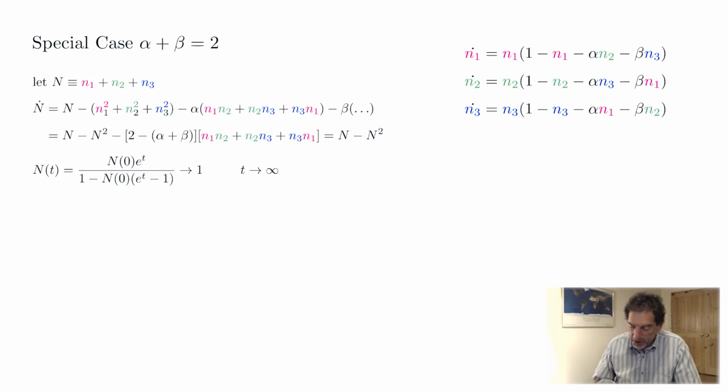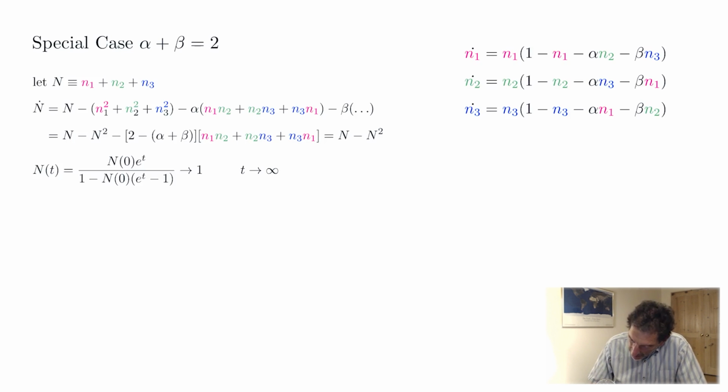But now there's another trick that we can apply, and we've seen this before in the case of a two-dimensional system. Instead of dealing with the equation for n1 dot, n2 dot, n3 dot, let's divide on both sides of the equation, for example, for n1 dot, by n1. So n1 dot over n1 is the same as the derivative of log n1, but it obeys a linear equation.